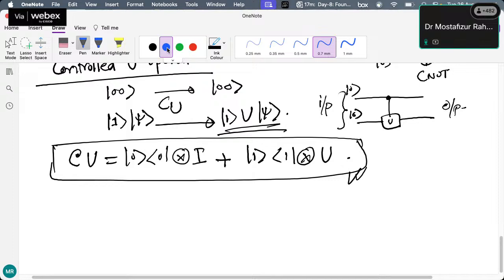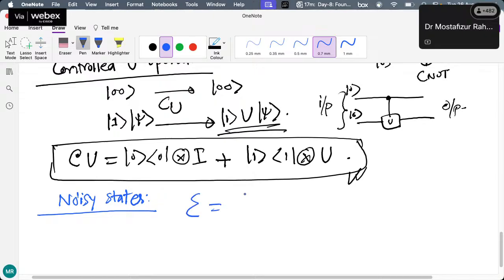So yesterday we learned about noisy states, right? The ensembles of noisy states given by their probability mass functions, or the probabilities and the associated quantum states, right? This was our representation because there may be uncertainty in preparing a quantum state.